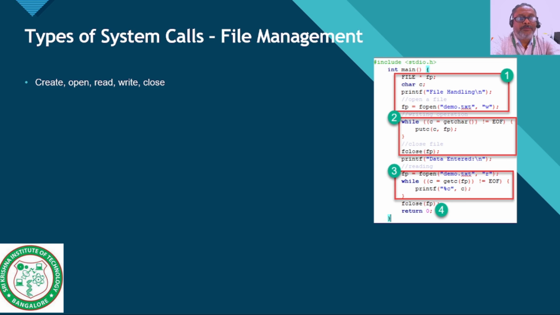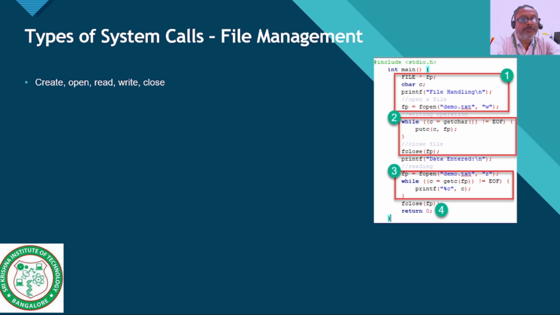For managing the files, the system calls like creating a file, opening a file, reading a file, writing a file, closing a file are the various system calls which we require.